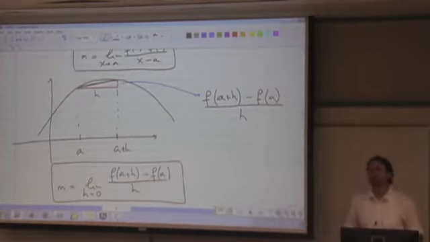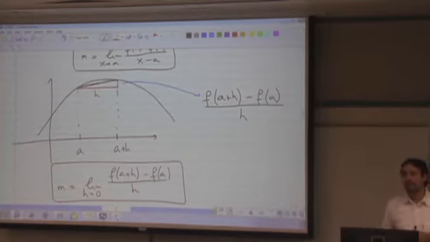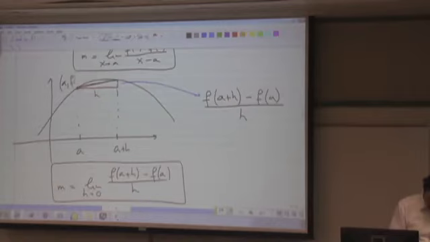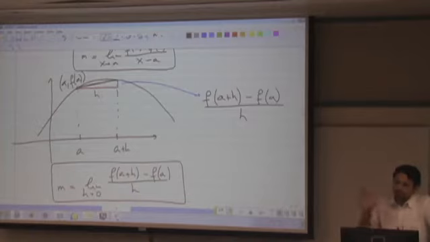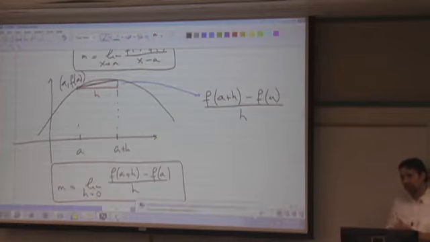Yes. With the a and the a plus h. Okay, is a, f of a the point of the tangent line? This point? Yes, a and f of a. But the relationship between a and a plus h is like the secant line? Yeah, remember we talked about secants, and then we said if you take the limit, which means if you make it smaller and smaller, you end up with a tangent.